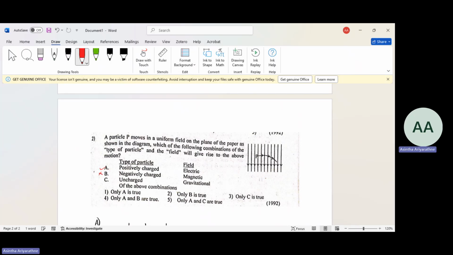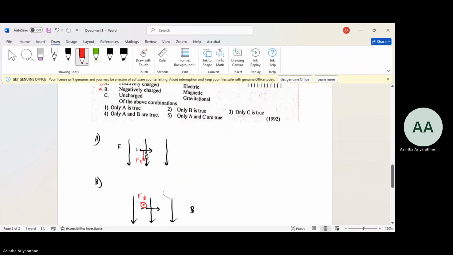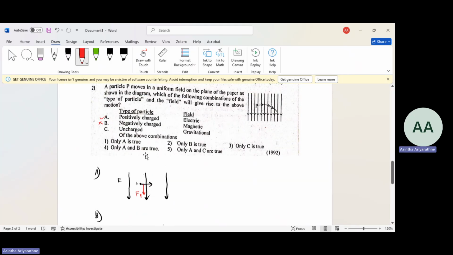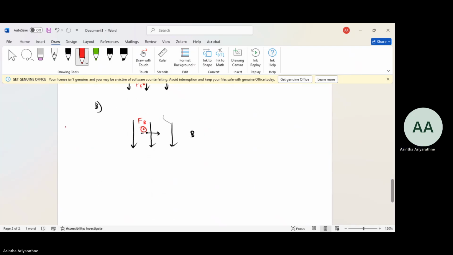C: uncharged, gravitational. Gravitational force acts downward and the uncharged particle moves here.